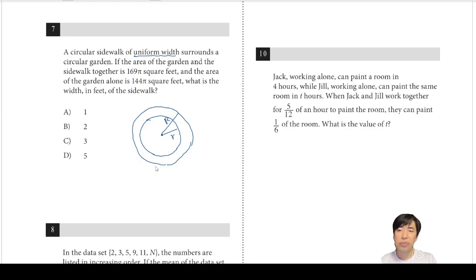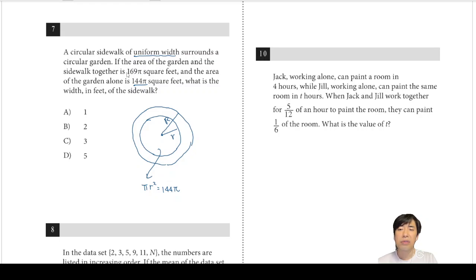So this one basically says the area of this circular garden, so this area is pi r squared, and this thing is basically 144 pi.